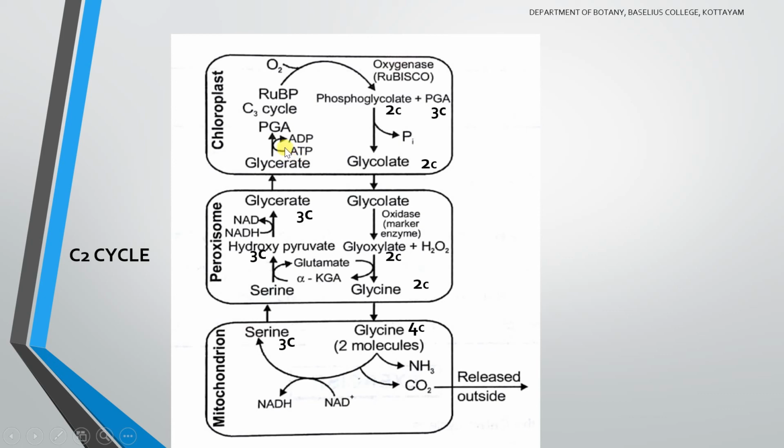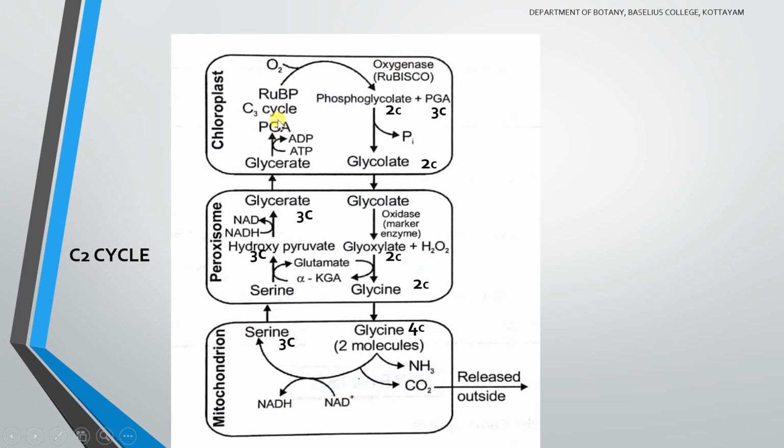When an ATP undergoes hydrolysis, the last phosphate group is removed and it is added to this glycerate. So it forms PGA, phosphoglycerate. Glycerate now forms phosphoglycerate, PGA, by the hydrolysis of ATP. So 3-PGA, a 3-carbon compound, is formed.